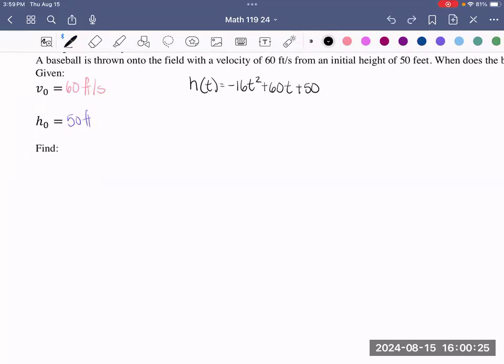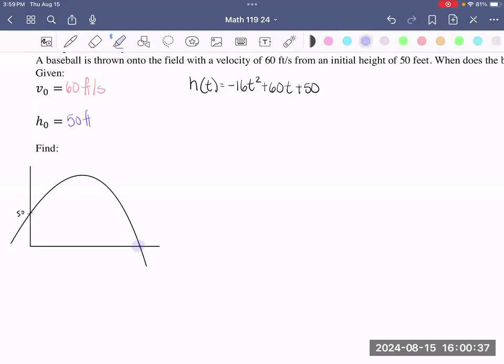Let's see. So your graph, oops, your graph looks something like this, where that was 50, right? We are looking for what? Well, looking for here. Now, what is that? Well, we don't know what T is. Do you know what H is here?